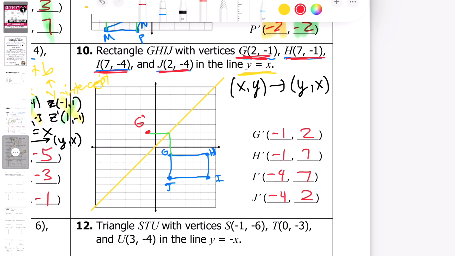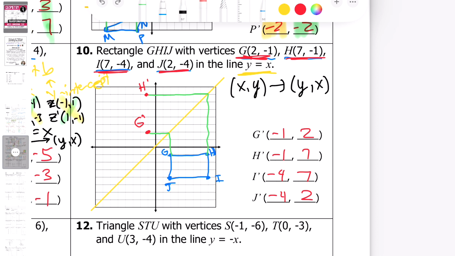I just need to make sure I make that 90-degree turn in order to land in the right spot. So with this one, I go -1, +2, -1, +2. So the rule does in fact work. So now if I go H, I'm going to go 1, 2, 3, 4, 5, 6, 7, 8. So now 1, 2, 3, 4, 5, 6, 7, 8. So there's H prime. And again, that's -1, +7, -1, +7.